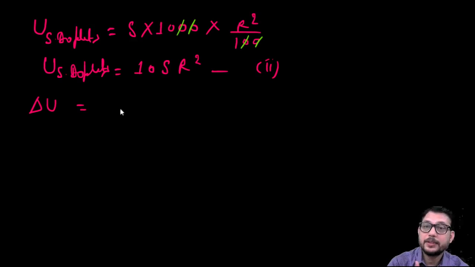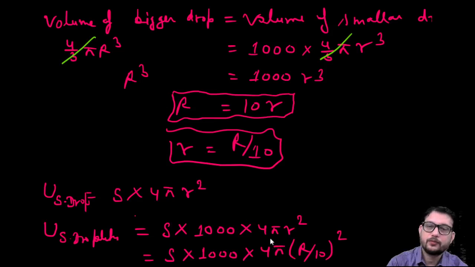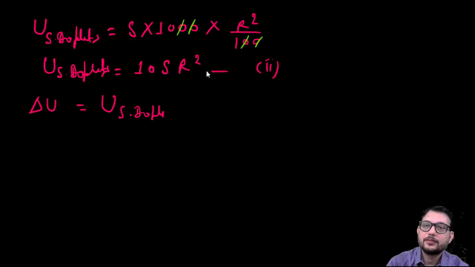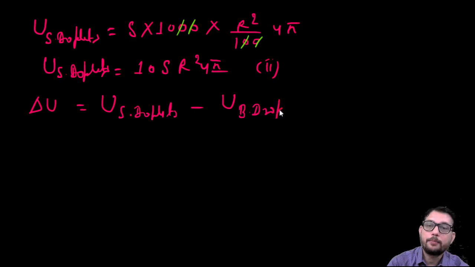Delta U you can simply write as the potential energy of small droplets minus, something is missing there, I think. Yes, 4 pi is missing there, so it will be 4 pi. So small droplets minus the energy of the bigger drop.